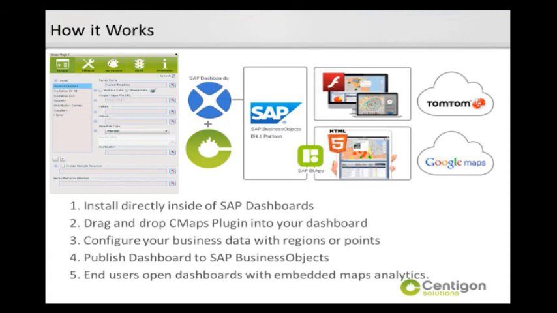Obviously, Flash doesn't work on mobile devices, so that's where our HTML5 capabilities come into play and are seamlessly accessed. And once again, that uses Google Maps. So you install, you build, you deploy, and then your business users can instantly access this content without any additional configuration.